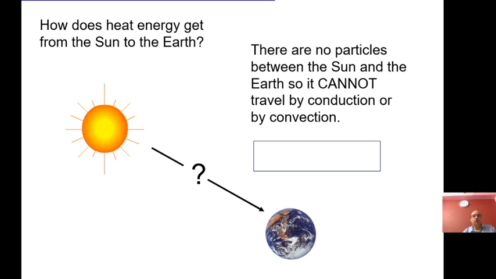As there is no material between the sun and the earth, the heat cannot be transferred through conduction or convection. Hence, we say there should be a third mode of transfer of heat, which is called radiation.